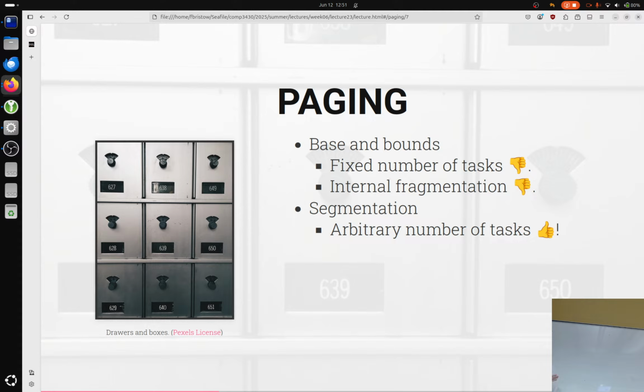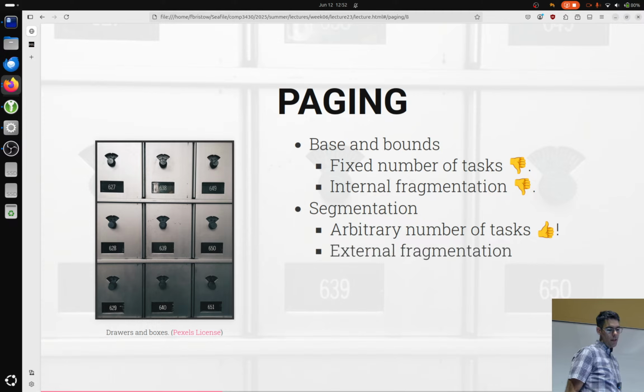So I'm not allocating that big part in the middle. I'm only going to take my code, heap section, and my stack section, and I'm going to only allocate in main memory as much as I'm currently actually using of those things. So all the space that was allocated and unusable in base and bounds is just not allocated now, and so it's usable by other processes, and so I can fit more tasks into this thing.